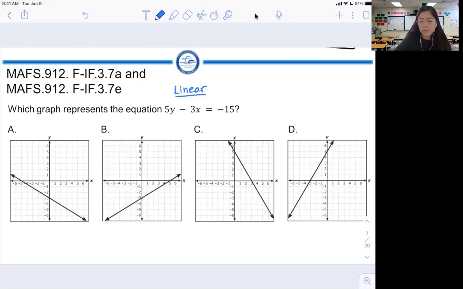It's linear, but what form? No, it's not factored.